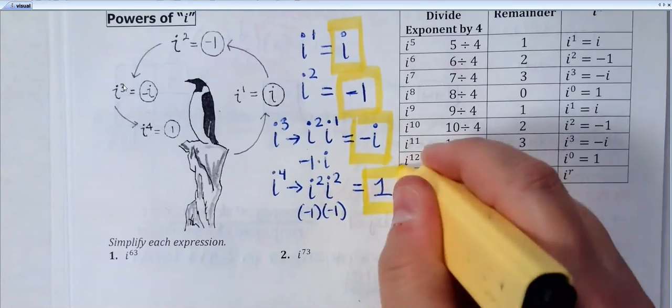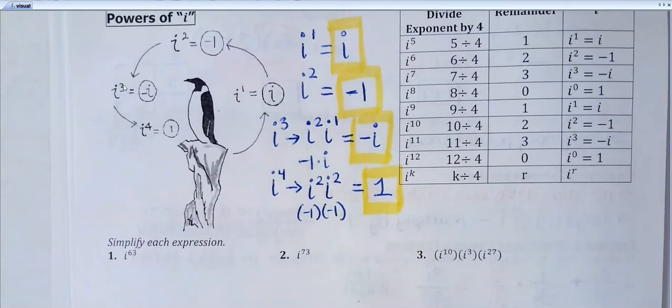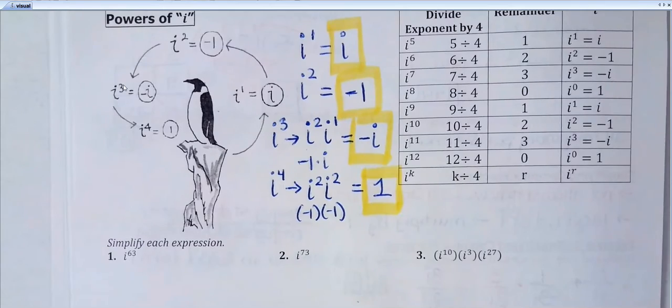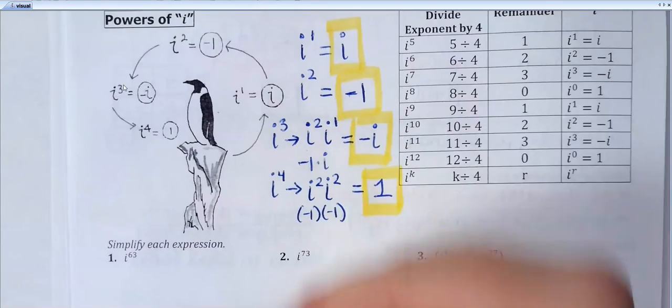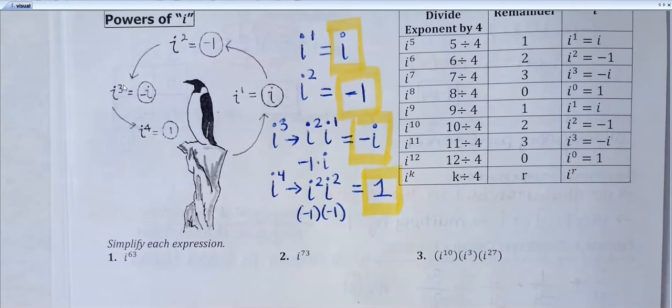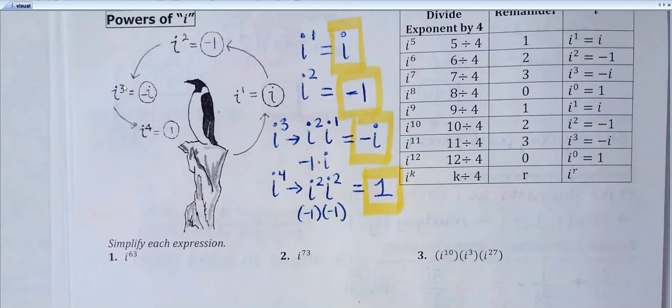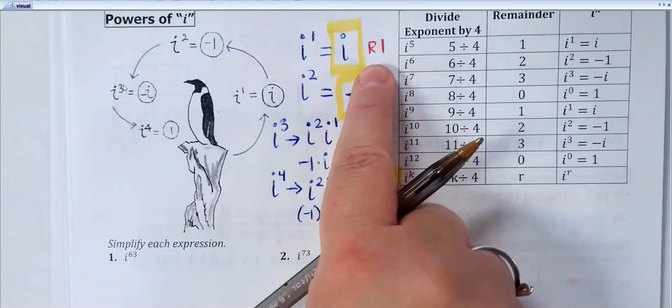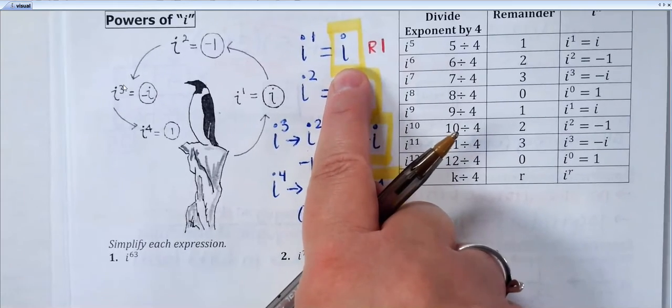Okay, now how this works with exponents, you guys will look down the page, like this says i to the 63rd. What you want to do, because there's only 4 options here, is divide that exponent by 4. If the remainder is 1, you'll have i.